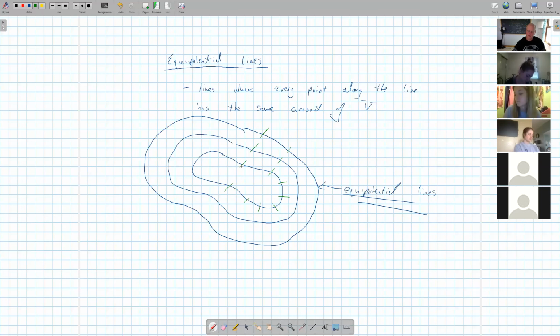So if I want to know what the electric field looks like in this space, all I have to do is draw these 90 degrees and then connect them together, and this is my electric field. So my electric field is going to look something like this. Okay. Now, if I want to know the direction of the electric field, all I need to know is how the potential changes across the equipotential lines.